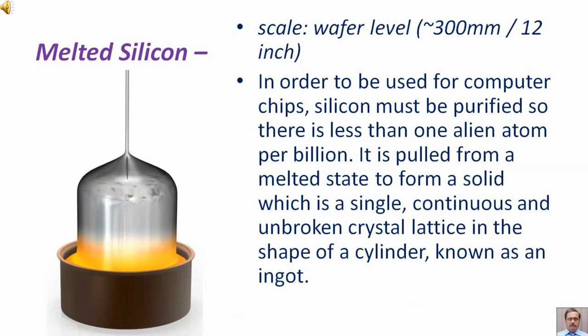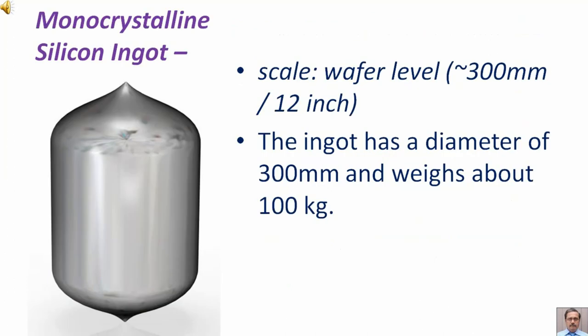It is pulled from a melted state to form a solid which is a single, continuous and unbroken crystal lattice in the shape of a cylinder known as an ingot. Monocrystalline silicon ingot. The ingot has a diameter of 300 mm and weighs about 100 kg.